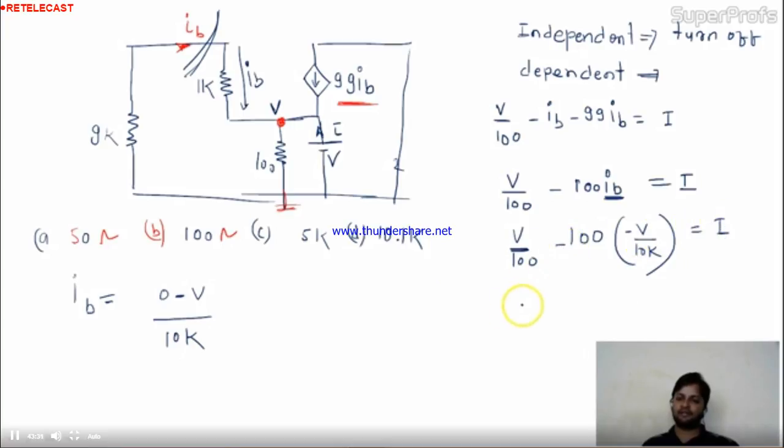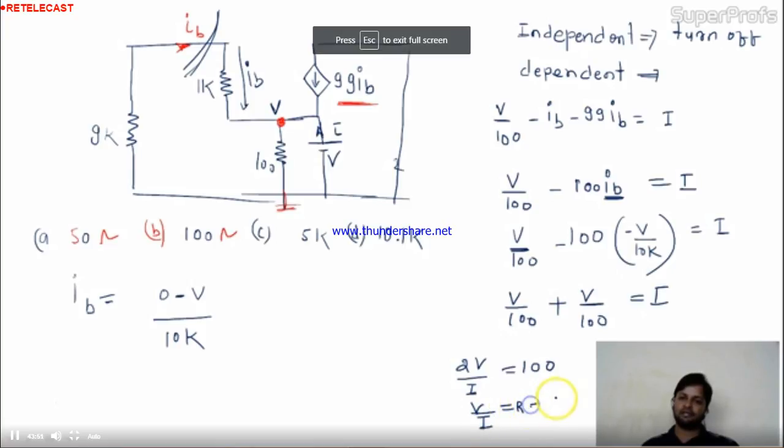This minus and this minus will become plus. This is V by 100 plus V by 100, which will become 2V by 100 equal to I. So V by I is nothing but your R, and that is 50 ohm.